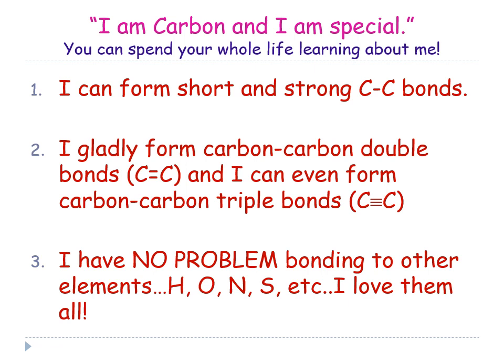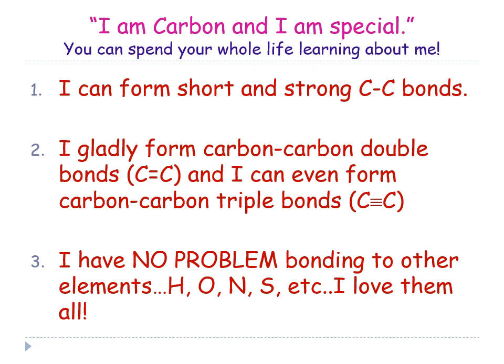I am carbon, and I am special. You can spend your whole life learning about me. I can form short and strong carbon-carbon bonds. I gladly form carbon-carbon double bonds, and I can even form carbon-carbon triple bonds. I have no problem bonding to other elements.